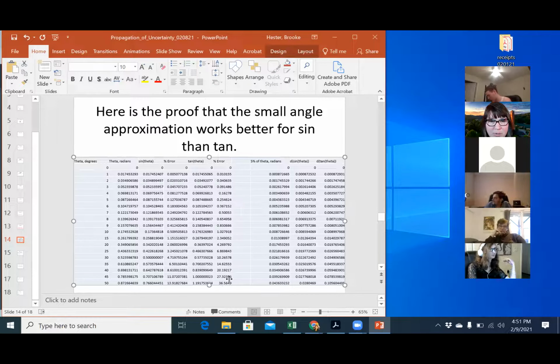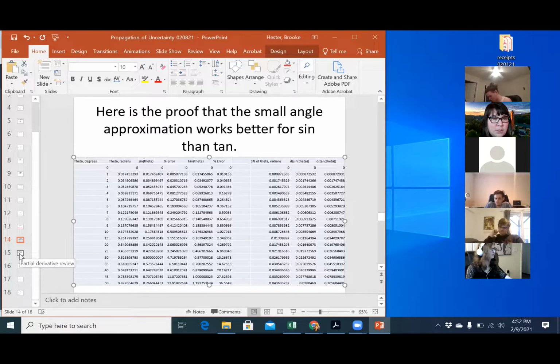Our percent error for tangent is 36.56% down here at the bottom, where it's 13.9% for sine of theta. So if you look over this range, the percent error is bigger for our approximation of tangent than it is for sine. And same thing over here for the uncertainty in those values.